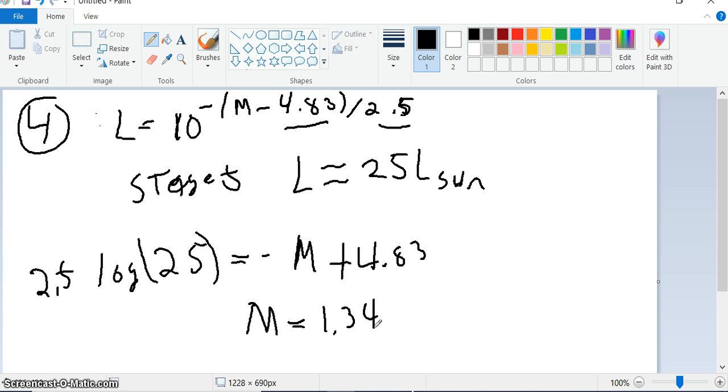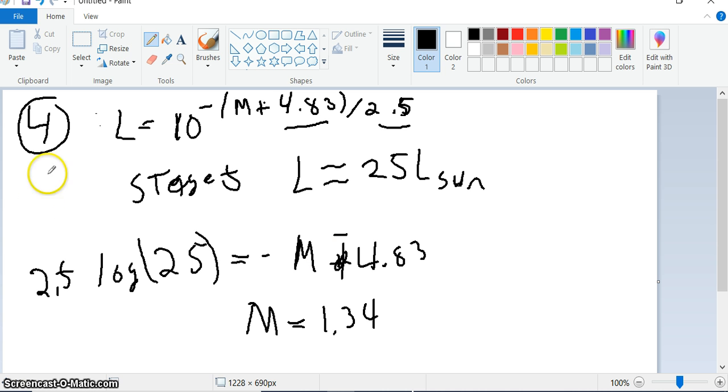Oh, let's see, I think we want this to be positive, actually. This is positive right here, and so that makes this negative, so sorry about that. Then when you bring it over to the other side, you add that. Yeah, so that's number 4.